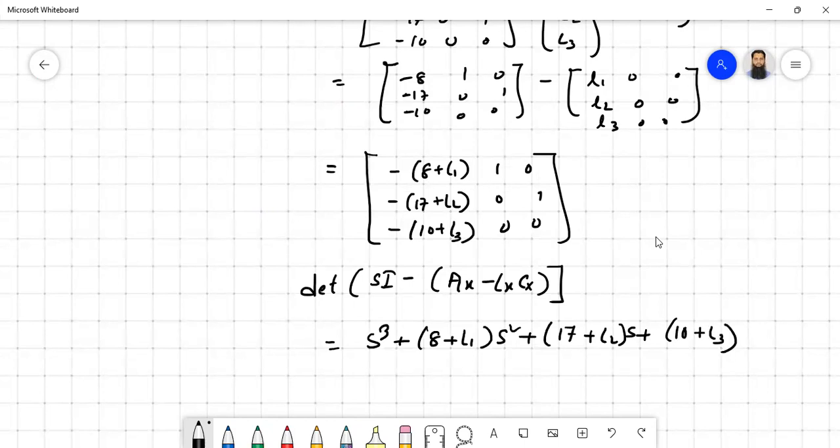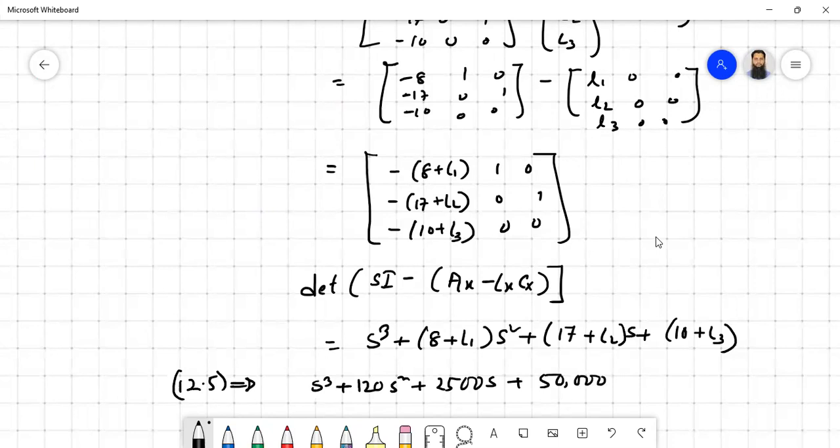And from the previous example, I think from 12.5, we have the desired characteristic polynomial required for a 10 times faster observer, and that is S cube plus 120 S square plus 2500 S plus 50,000.